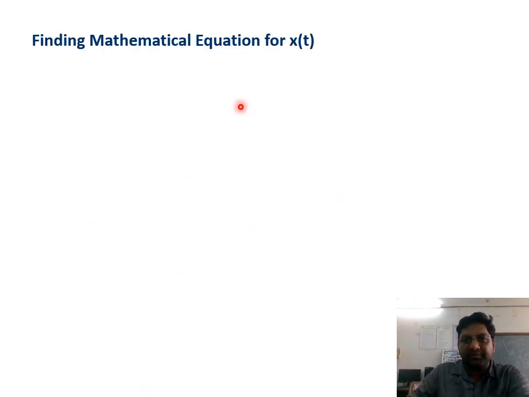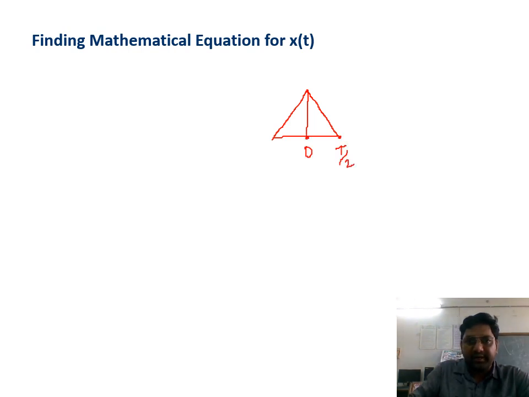Coming to evaluation of x of t, initially I would like to consider one periodic cycle of the triangular wave, that is like this, and for this we have 0 here, plus T by 2 and minus T by 2.